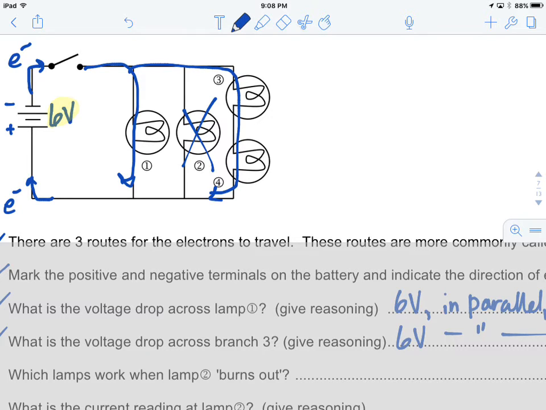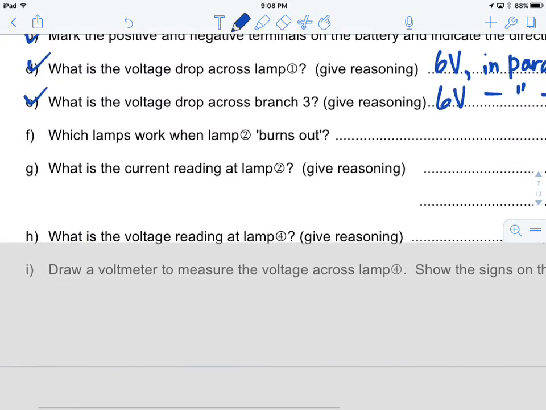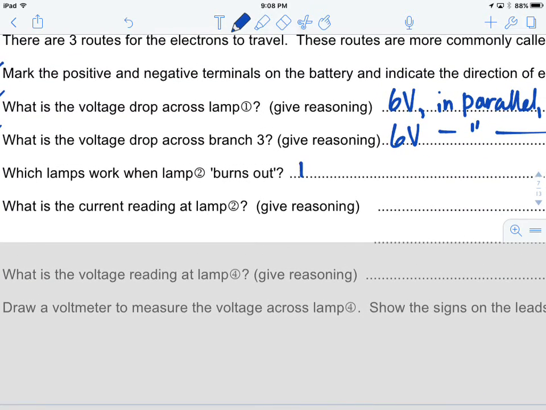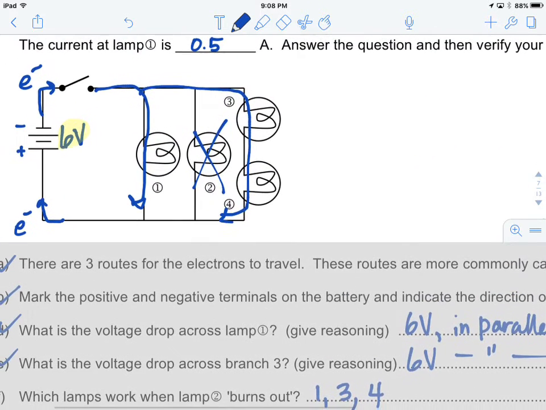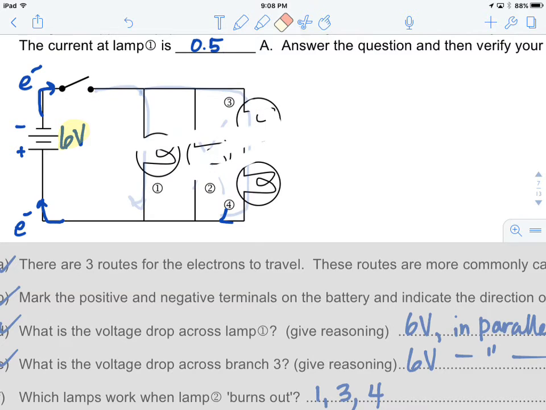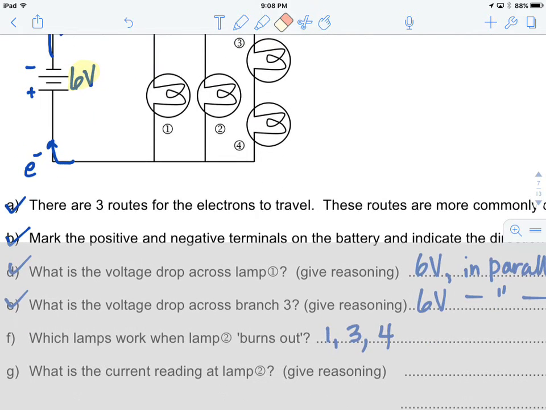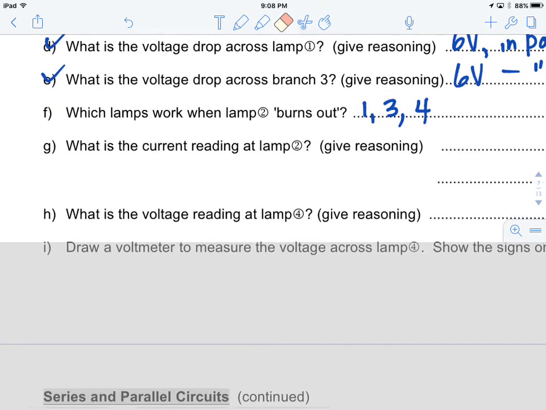So if this middle circuit gets burned out, which lamps work? Well, lamp 1 would work, lamp 3 would work, and lamp 4 would work. And that's because if you X this one out, you don't have to worry about the other ones going out.